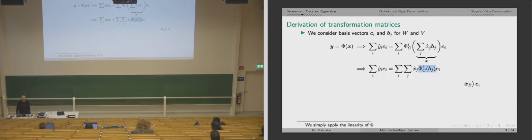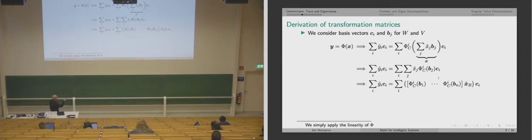And now we can identify what happens here: this summation that we have over J. So we took that summation from the scalars out of V, and that summation that we have for J here, we put it into matrix form.